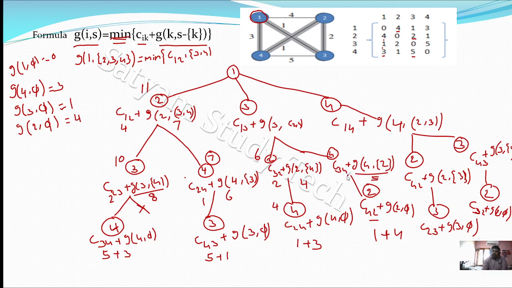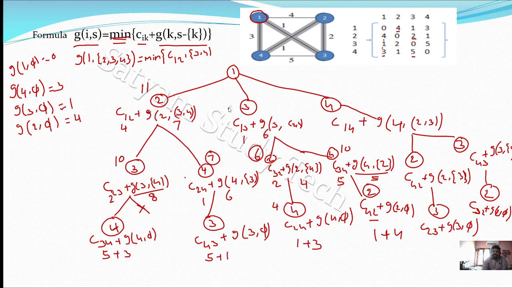Now C of 3 4, the C of 3 4 value is 5. Here also the 3 4 value is 5. 5 plus 5, that is 10. Which is the minimum? Here you can see this is the minimum. So you can consider that one. And C of 1 3, the C of 1 3 value is 1.